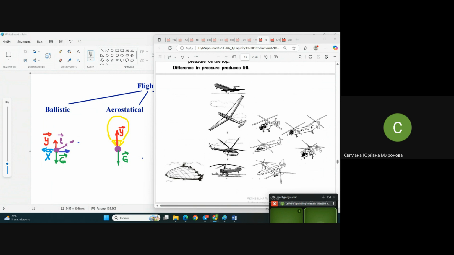A glider is a combination of the aerodynamical principle and the ballistical principle. So a glider is a hybrid flying vehicle, let's say. And there are so-called fixed wing aircraft, like airplanes, for instance.